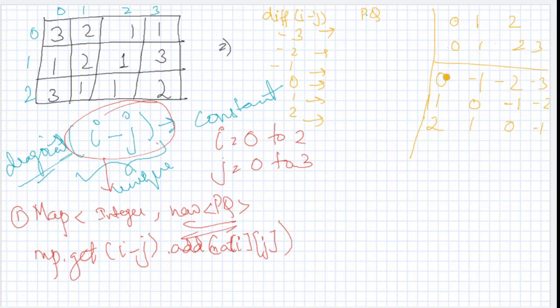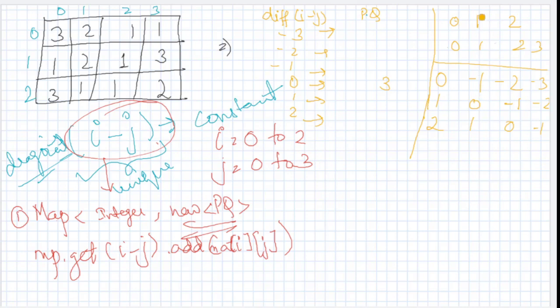The difference we got is 0 for each. We created a priority queue initially, but every time we are not going to have all the values first. We are going to check. Let's say we got 0. There was nothing. We'll add 0 and create a priority queue for it. Now the value for 0 is 3, right, 3 here. We got minus 1.